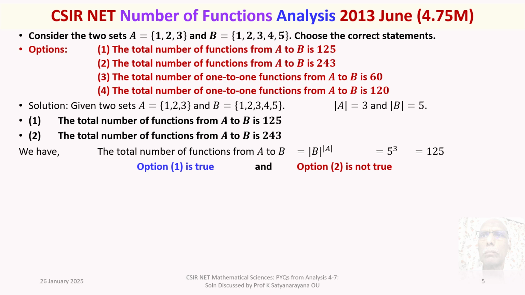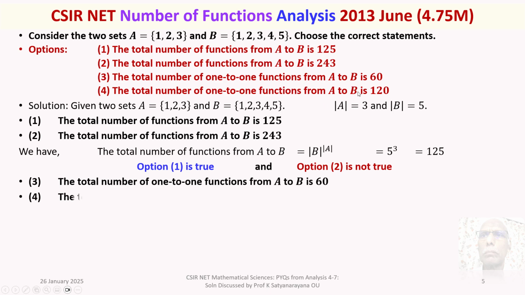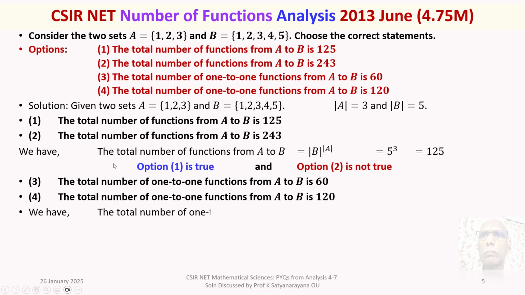Right. We come to options 3 and 4. It's about the one-to-one functions from A to B. Is it 60 or 120? So now again recall a formula. The total number of one-to-one functions from A to B, where A and B are finite sets, is order of B P order of A, the number of permutations. Order of the codomain P order of the domain.